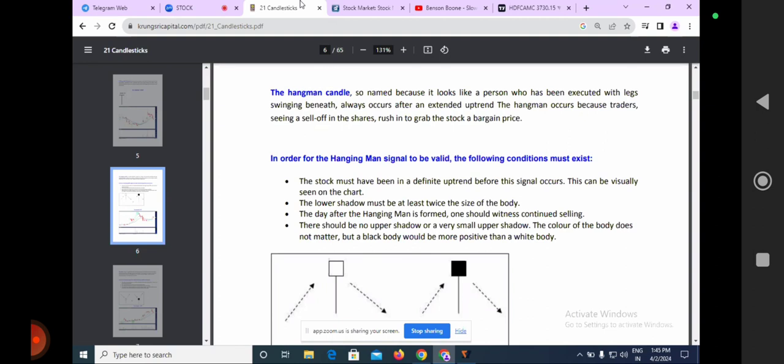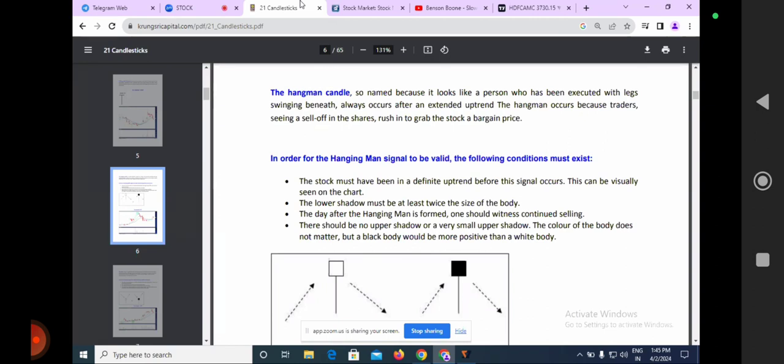What I have explained in today's session is only three candlestick patterns. One is the doji candle, the second is the hammer candle, and the third is the hanging man candle. What is a doji? A doji is nothing but an indecision level in the market.